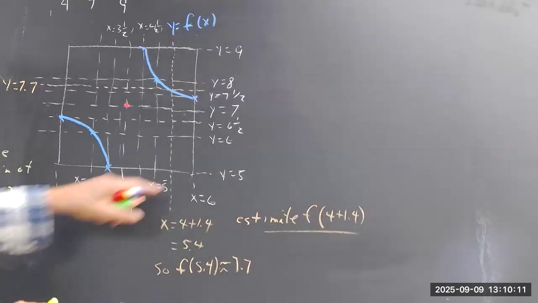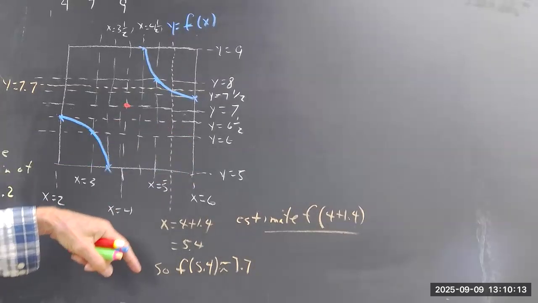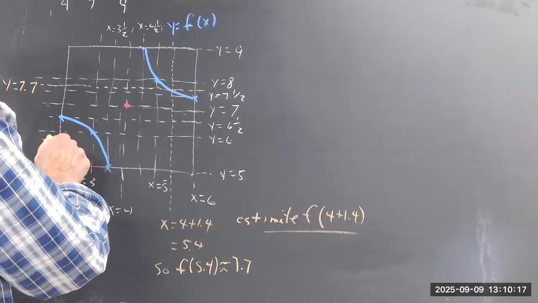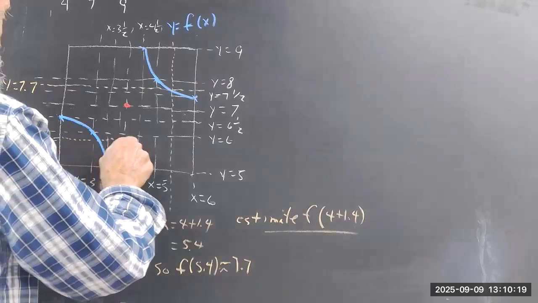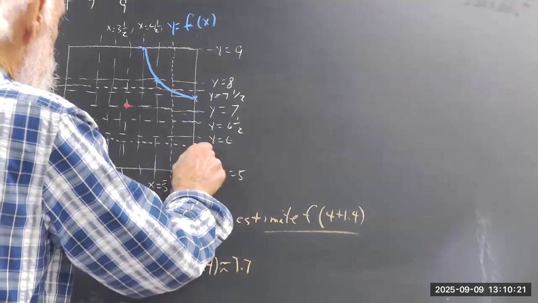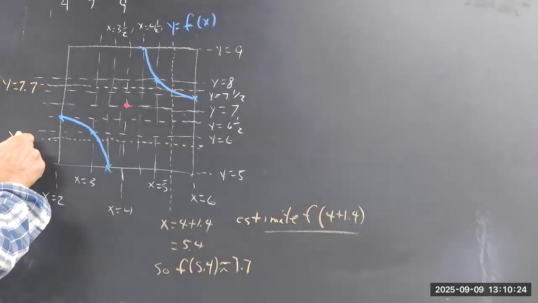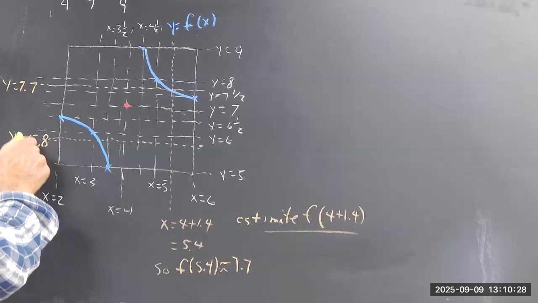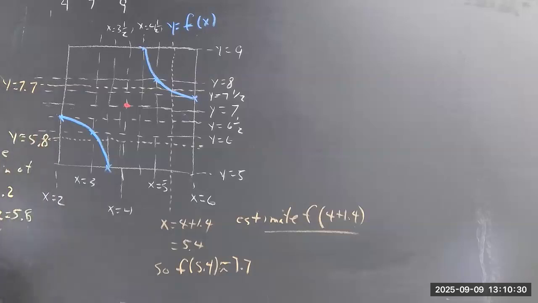Where's y equals 5.8? Well, here's 5 and here's 6. It's much closer to 6 than 5. 4 times as close to 6 as it is to 5. So we'll just say, okay, y equals 5.8, approximately.